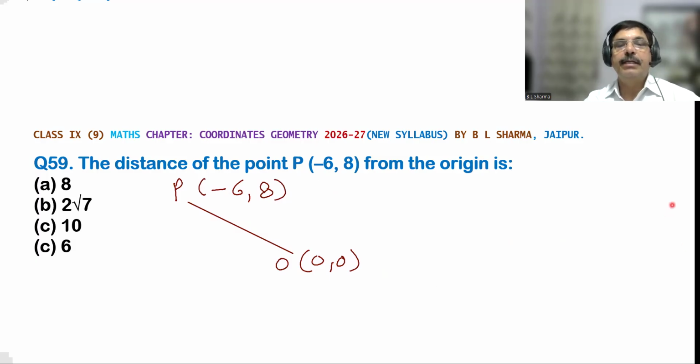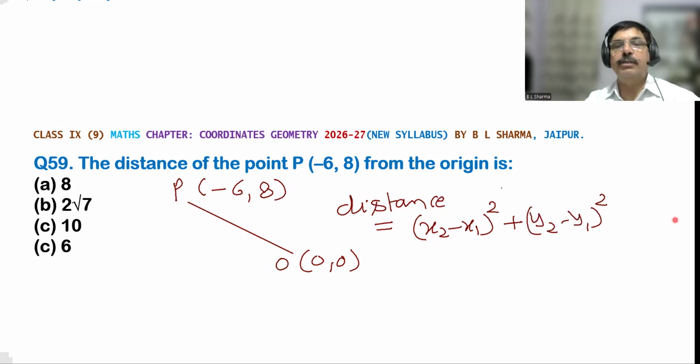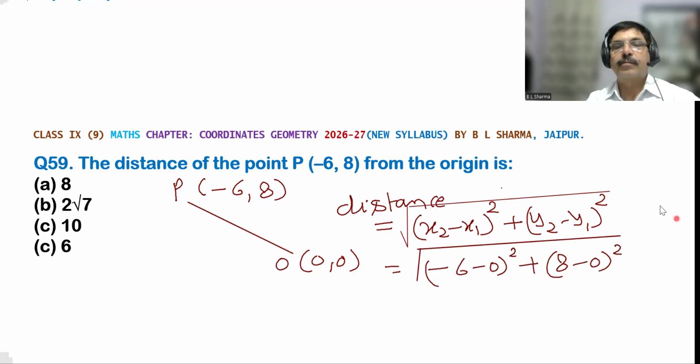Distance is given by the square root of (x2 - x1) whole square plus (y2 - y1) whole square. In place of x2 write -6, x1 is 0. In place of y2 it is 8 and y1 is 0. -6 - 0 is -6, and -6 whole square is +36.